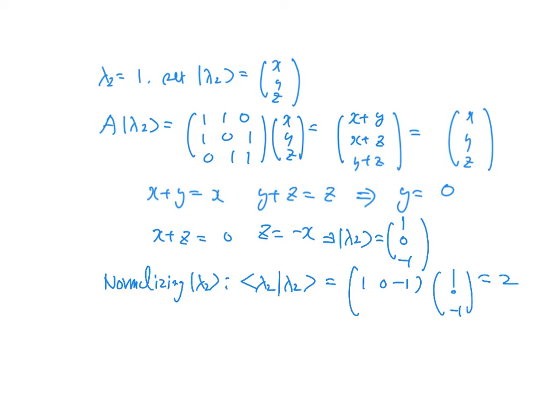So the normalized eigenvector is 1 over square root of 2, times 1, 0, minus 1. Right? X plus z is 0, y is equal to 0. So one more. So last is lambda is equal to 2.